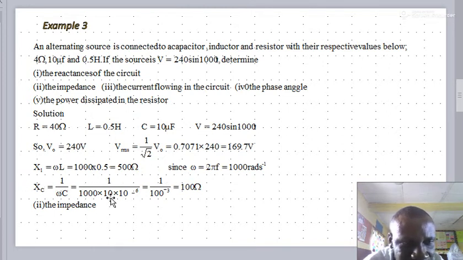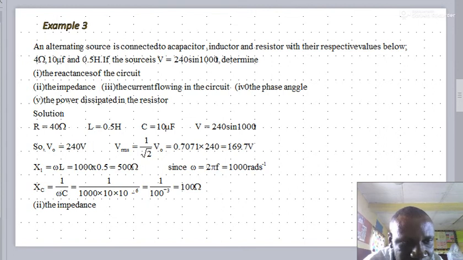This is for the capacitor, this is for the inductor, omega L, where L is the inductance, and here C is the capacitance. Omega here is already 1000 as we can see.